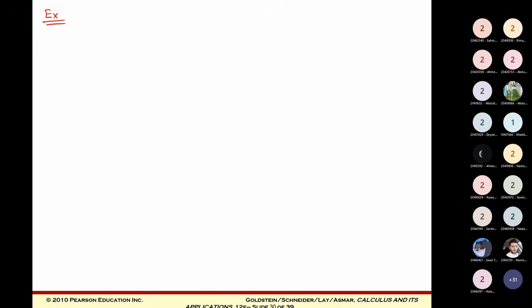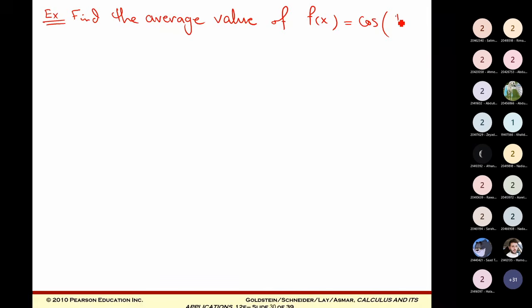So we can ask you to find the average value of f of x equal to cosine pi x over 3, on the interval x greater than or equal to 1, less than or equal to 6, like this.